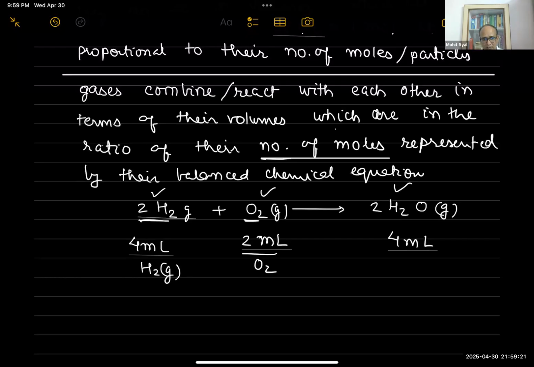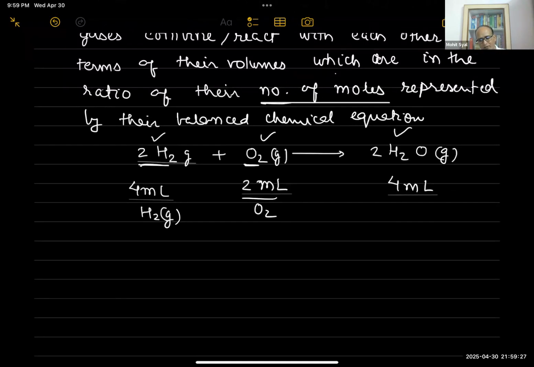If you heat them, they expand. So whatever temperature you are taking should be same for all the three, for the reactant gases and products. Is it clear or not? Yes, it's clear.